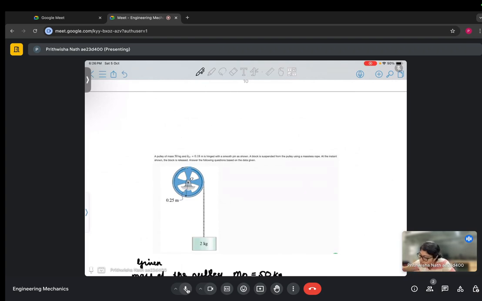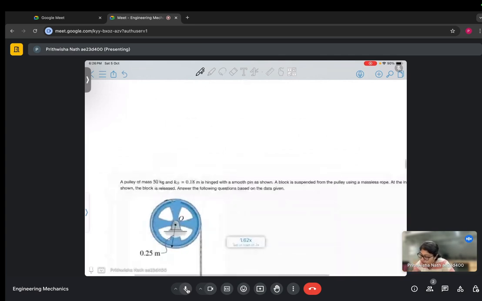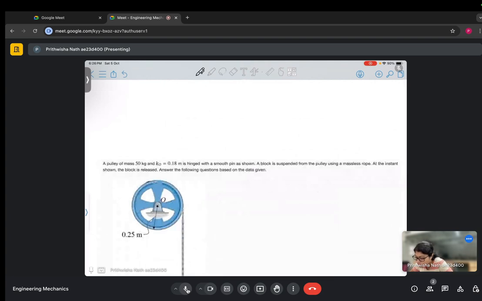A pulley of mass 50 kg, with K_O equal to 0.18 meter, is hinged with a smooth pin, and a block is suspended from the pulley using a massless rope. At the instant shown, the block is released. Answer the following questions based on the given data.